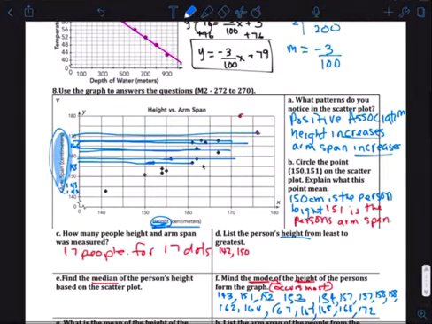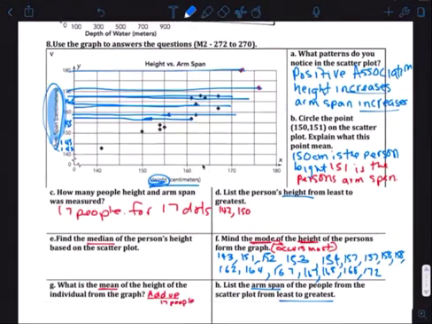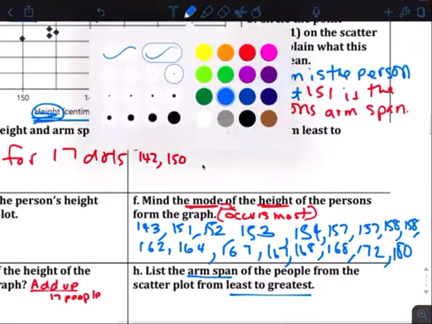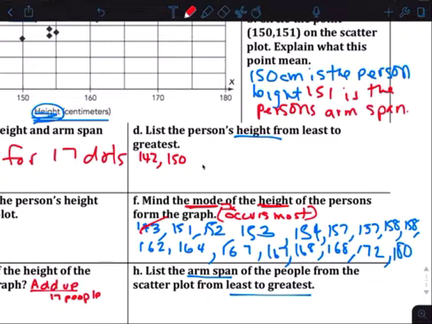And then 180. The median, remember, you cross out till you find the middle. From the front, there's 2, 2, 3, 3, 4, 4, 5, 5, 6, 6, 7, 7, 8, 8, and the middle number is 158.